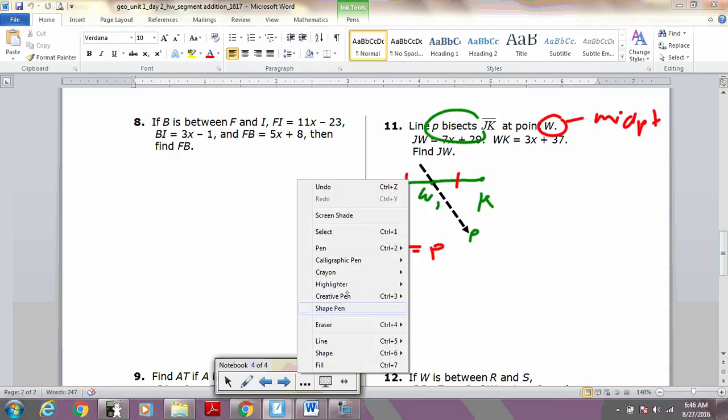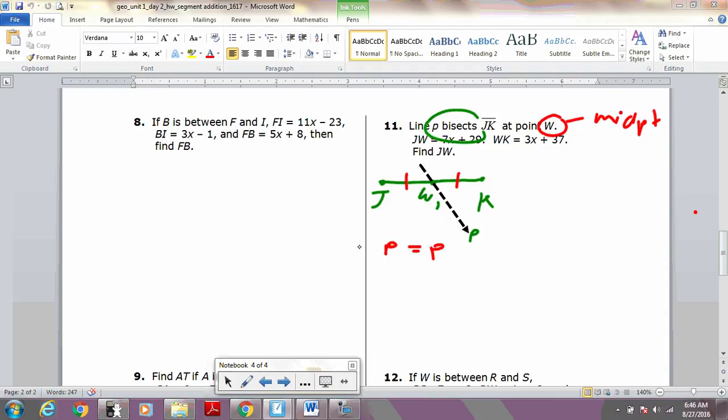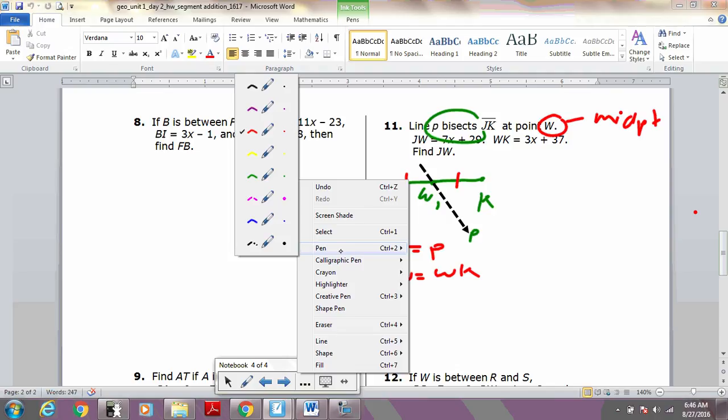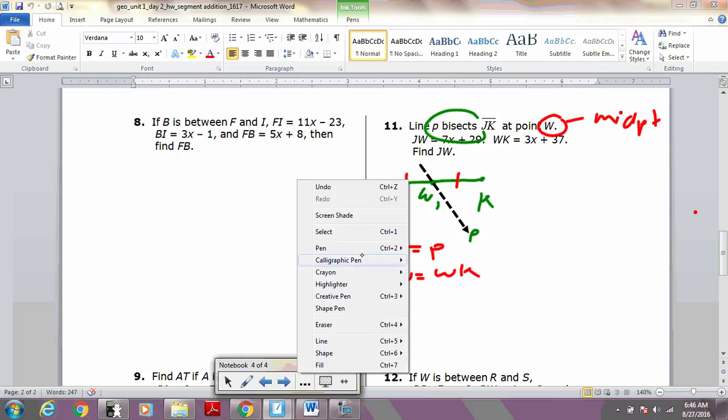Now knowing that fact, we can write out our equation in segment notation: JW is equal to WK. And now we can substitute the algebraic expressions. Let me erase a little bit because I wrote over it.